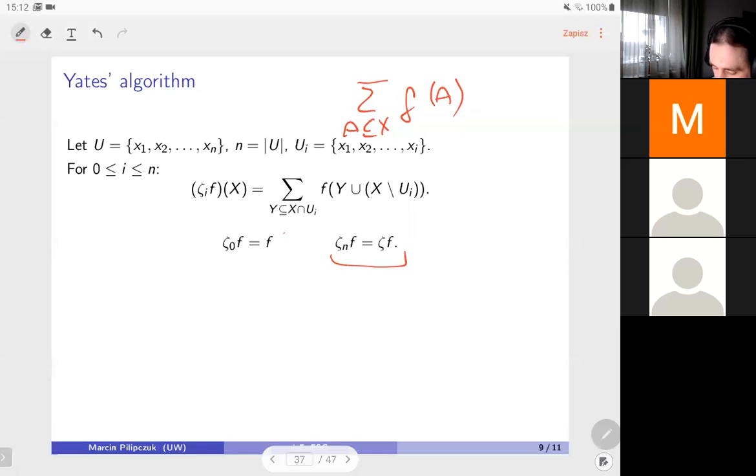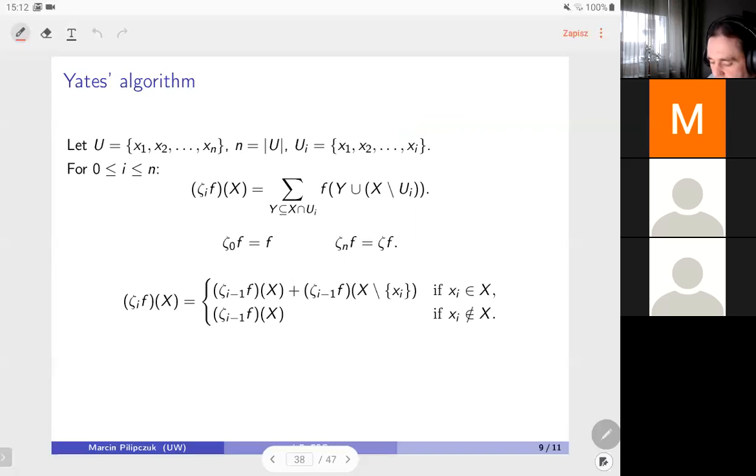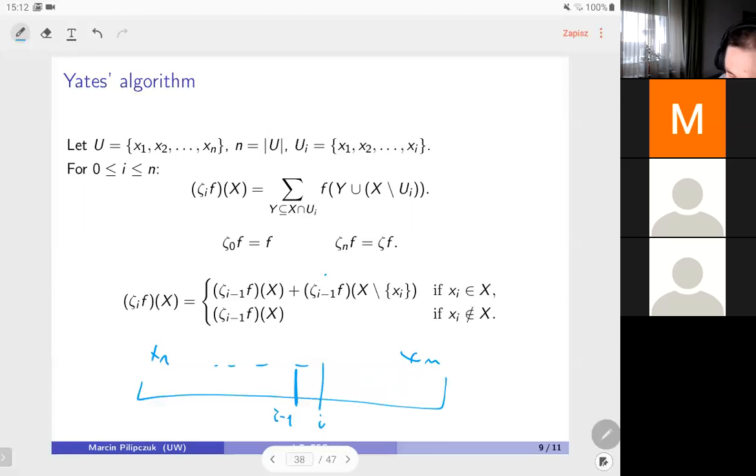And the main trick here is that you can easily change zeta I minus 1 to zeta I. Let's go to this picture with the universe being x1 up to xn, and there's line I minus 1 and line I. There is some set X, and I'm trying to compute zeta I f of X. What does it mean?